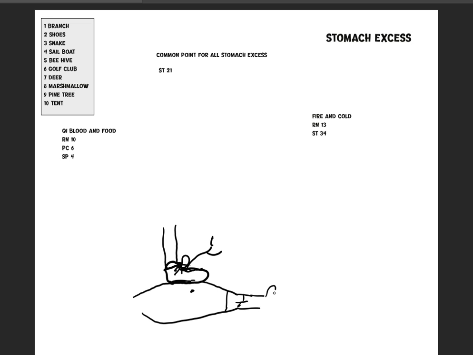Let's draw these feet out here, so you can remember standing, stomach, excess. Okay, let's draw a face because it was probably uncomfortable.